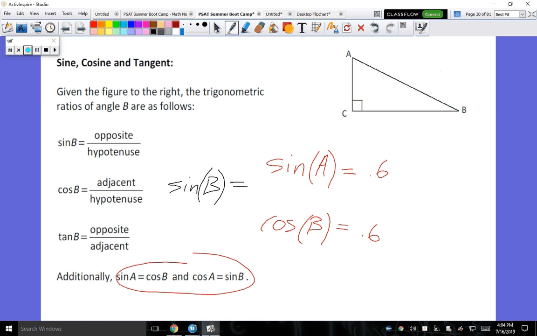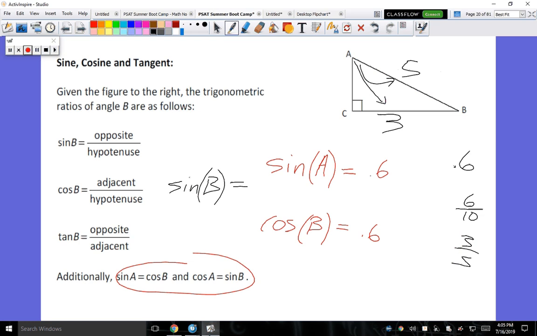What did you do? So 0.6, you plug in 3 and 5. Look at this. 0.6 is the same as 6/10, otherwise 3/5. And when you plug them in with sine, it's opposite over hypotenuse.